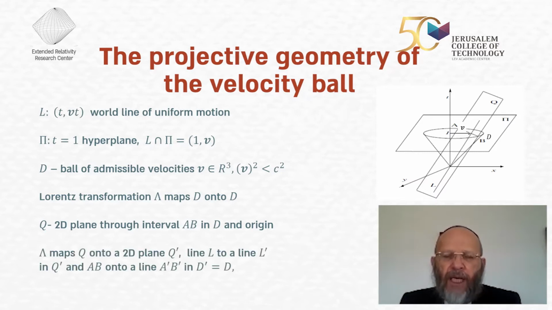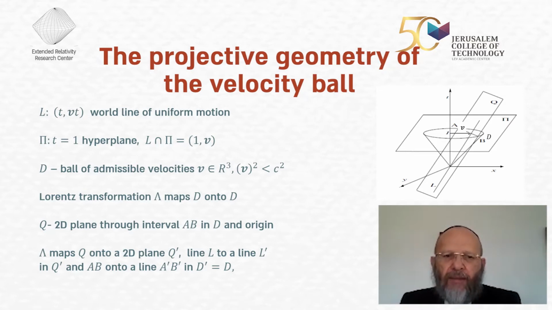What does Lambda do? Lambda is a linear map. It maps a two-dimensional plane Q into a two-dimensional plane Q prime, because if you are in a plane, after the transformation you are still in a plane. So the velocity will still be in this Q prime.